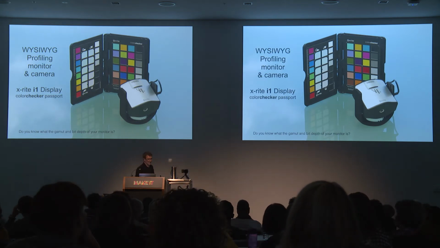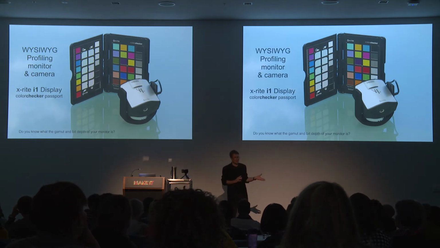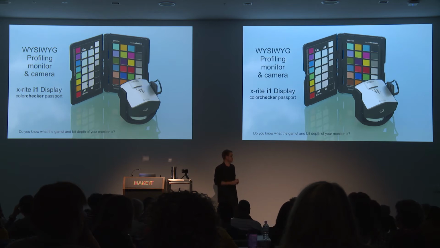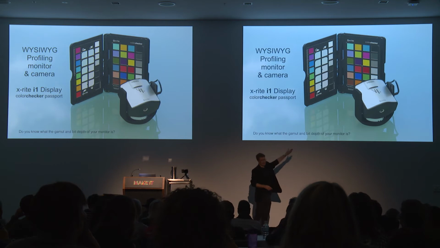Okay, so the other thing that a lot of people don't understand is, and this is where calibration and profiling, you need to understand the difference between the two. Apple Mac monitors weren't very good a few years back. And it was down to the gamut and the bit depth.